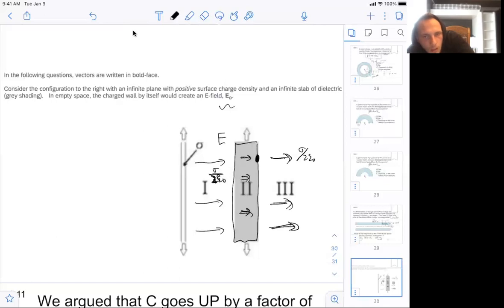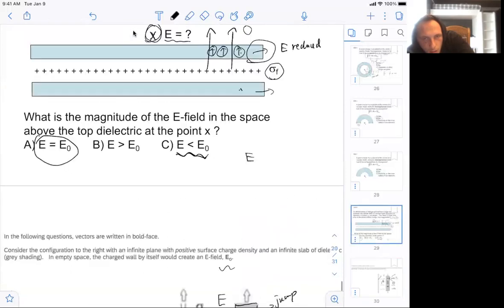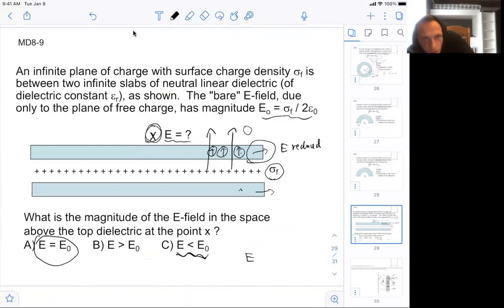You can see your perpendicular E field now has a jump. And that is okay because you're passing through some bound charges. You pass through a surface charge, your E field is going to have a jump, and that is okay. So I just wanted to mention that the E field is only affected inside the materials. Outside of the material is still the same as before, as E naught.